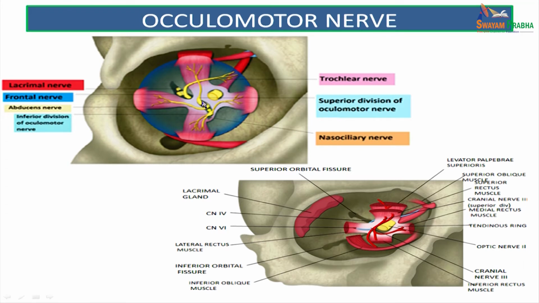The upper division of the oculomotor nerve supplies the superior rectus and the levator palpebrae superioris. The inferior division of the oculomotor nerve supplies the medial rectus, the inferior rectus and the inferior oblique. The abducens nerve, which is between the upper and lower divisions of the oculomotor nerve, supplies the lateral rectus only.